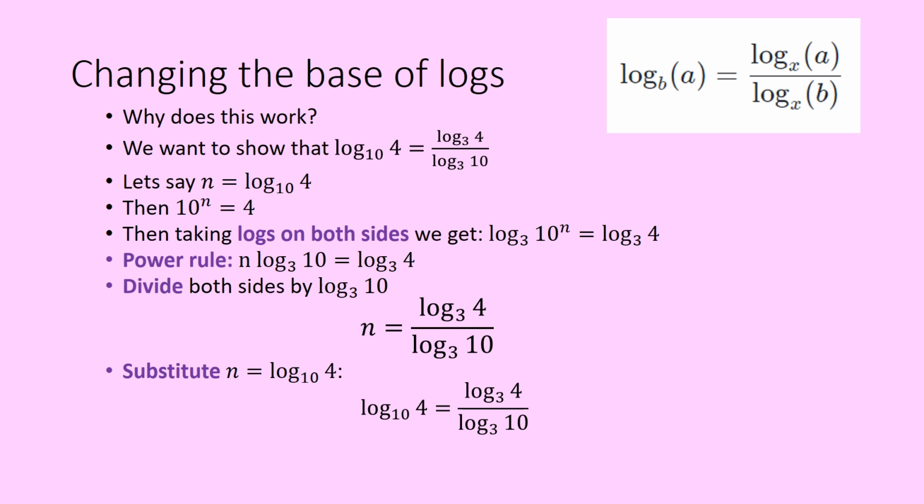The last step is to substitute our value for n. Remember at the start, we said that n is equal to log base 10 of 4. So instead of n, we put log base 10 of 4. Therefore, log base 10 of 4 is equal to log base 3 of 4 divided by log base 3 of 10. That's an example of changing the base of a log.